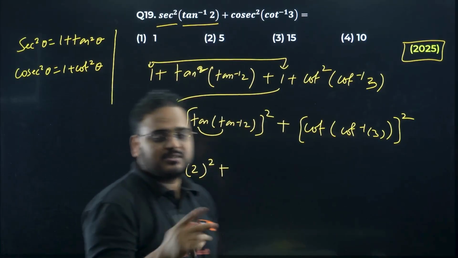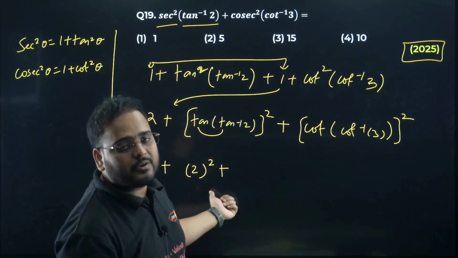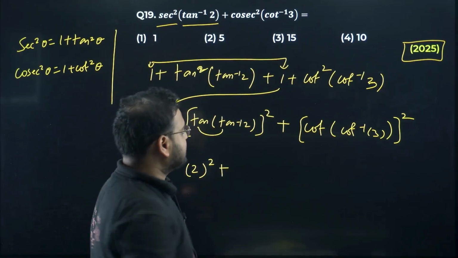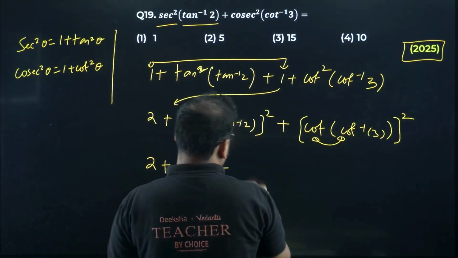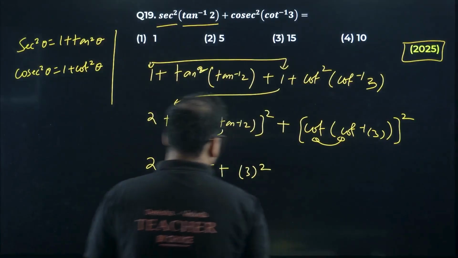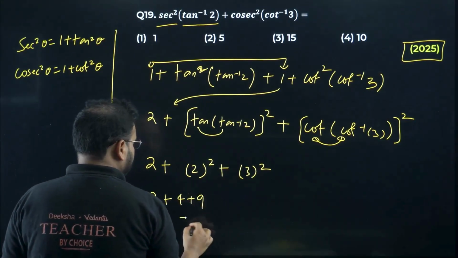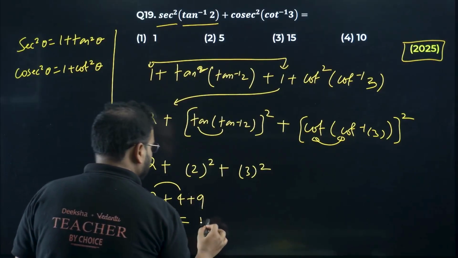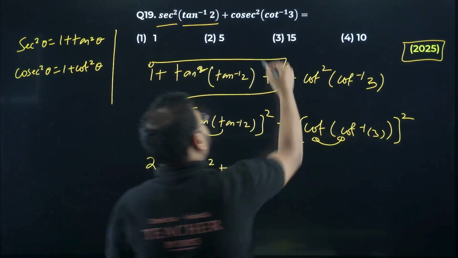Tan and tan inverse are inverse functions of each other, cancelling the effect, I get only the value 2, square is there. Same way here, cot and cot inverse cancel, and I have the answer as 3 square. So 2 plus 4 plus 9, I get 6 plus 9 is 15. 15, option 3 is correct.